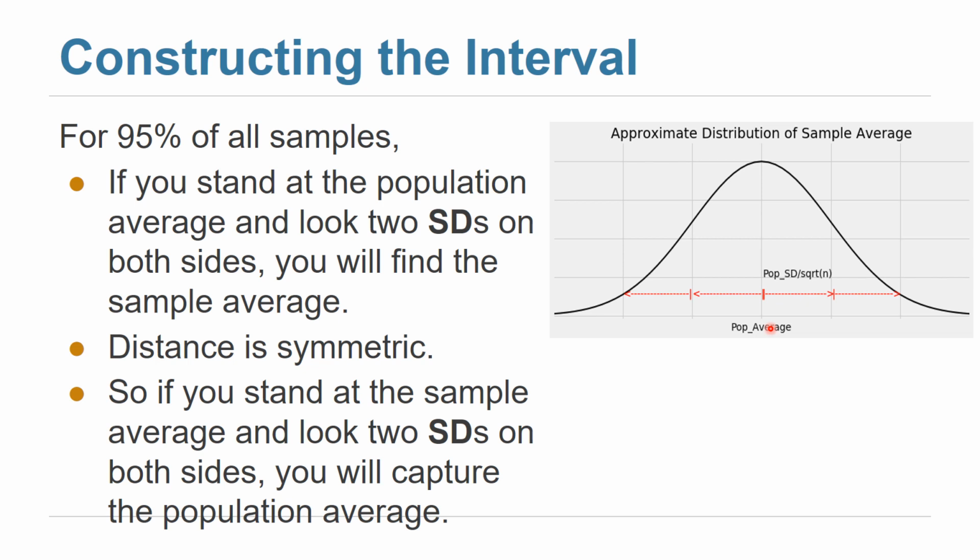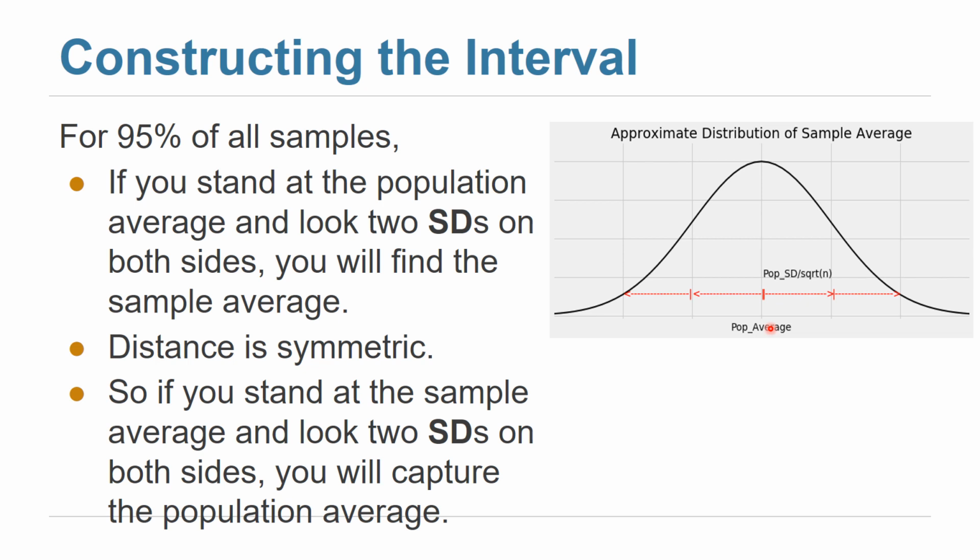So the point here is that if you start from the population average, 95% of the sample averages will be within 2 standard deviations from it. And if you have a sample from which you get the sample average, the population average will be within 2 standard deviations from that sample average.